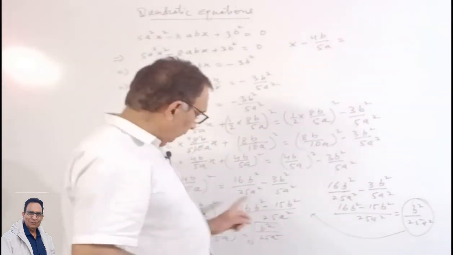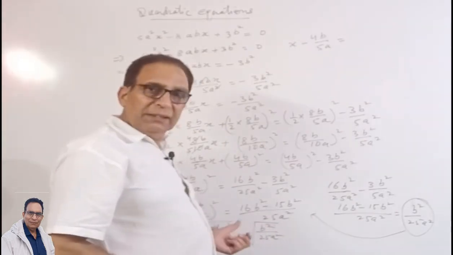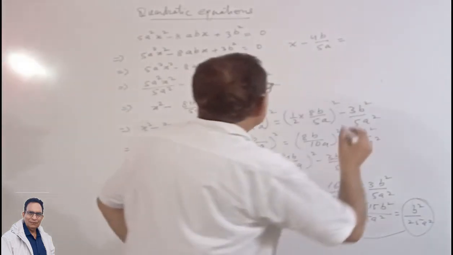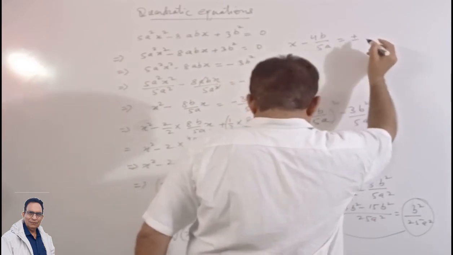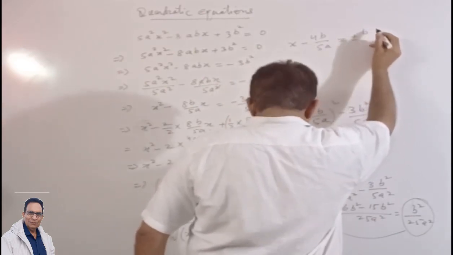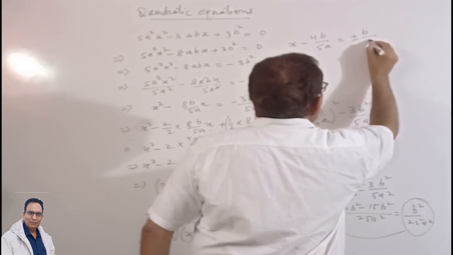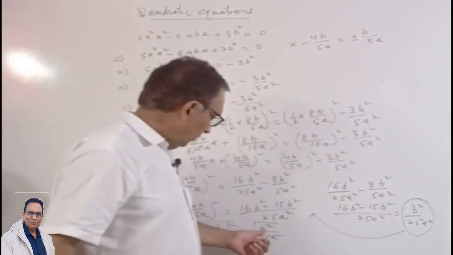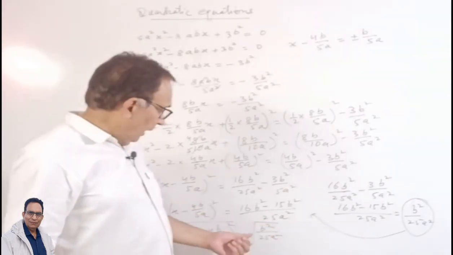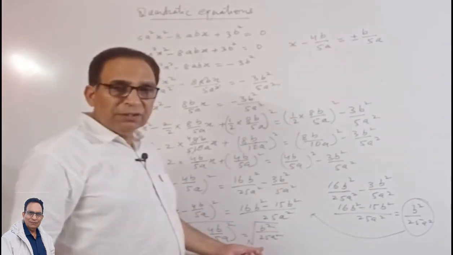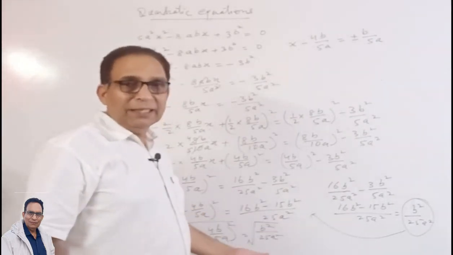Reason being, if you take the square of minus or plus, it will be the same. So I'm writing here plus minus b over 5. Is it clear to you? Radical of b square is b, and radical of 5a square, which is 5a whole square, that is 5a.